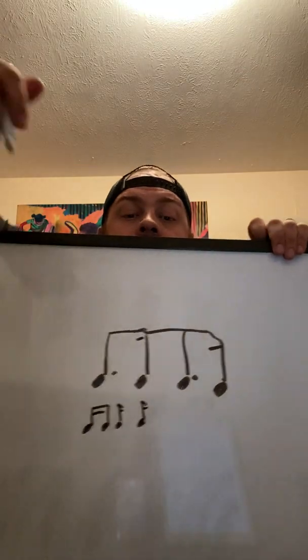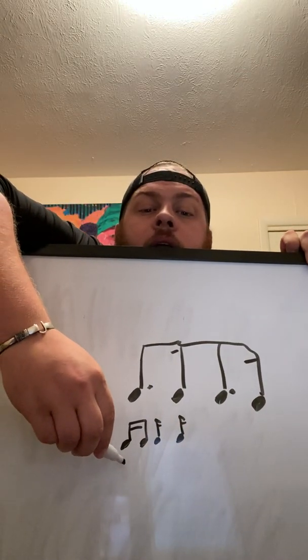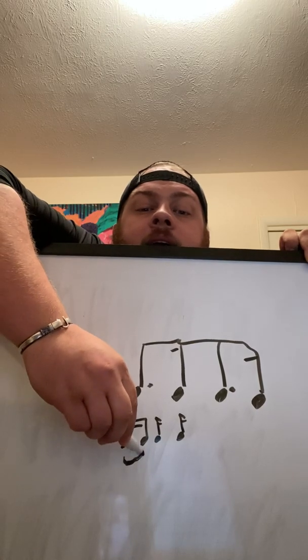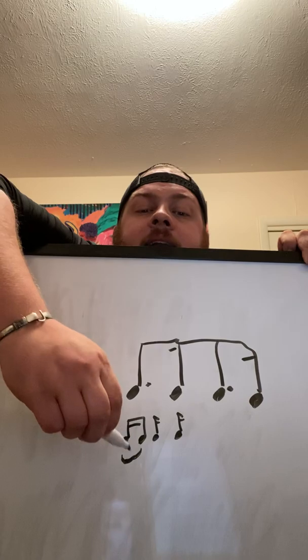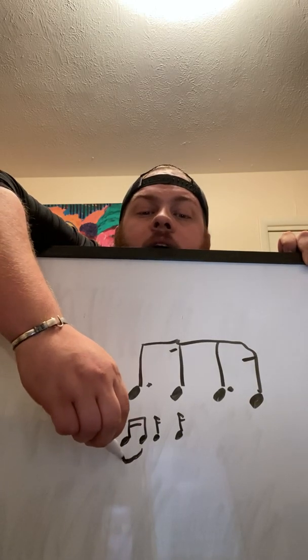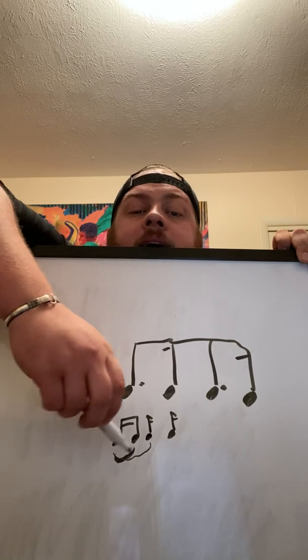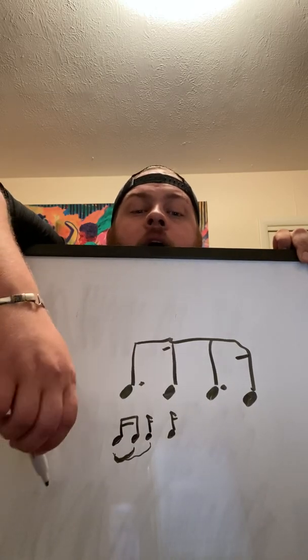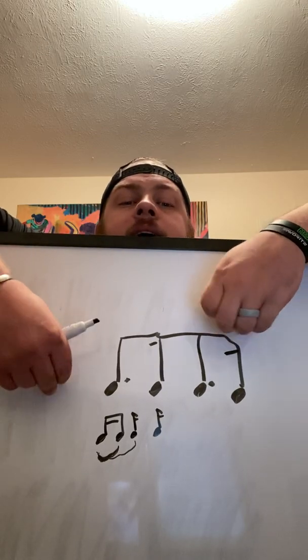Like so. Okay? So, an eighth note is like that, is slurred, and then adding the dot is like slurring all of that together. Dun, dun. So, when you play this, you're going to go dun, dun, dun, dun, dun.